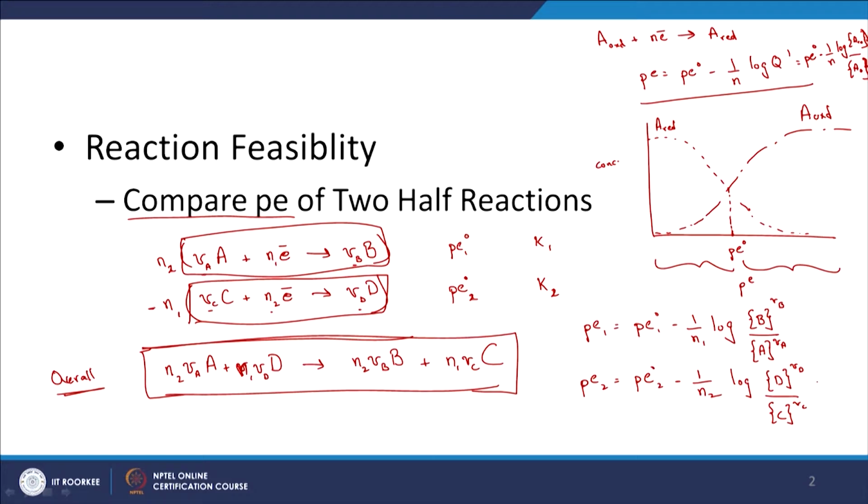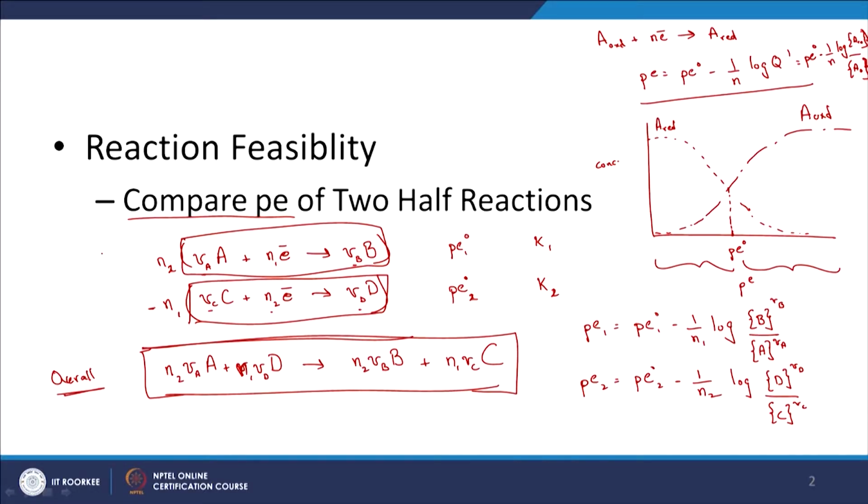So, these are obviously your P1 and P2 values, and considering the case when reaction 1 goes as reduction and 2 goes as oxidation, I came up with this particular overall half reaction. So, what does that mean now?